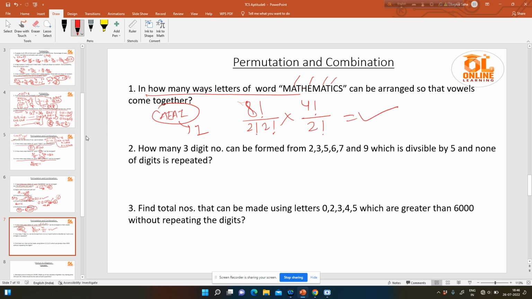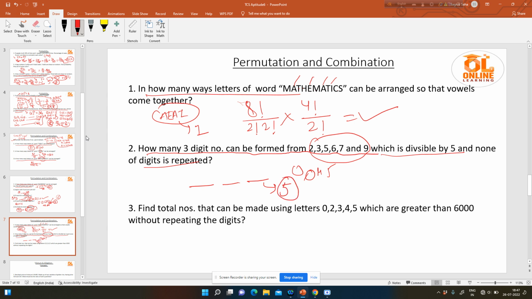Okay. Now, how many 3-digit numbers can be formed from 2, 3, 5, 6, 7, and 9, which are divisible by 5, and none of the digits is repeated. So we will be having a 3 digit number. Okay, and we can put these numbers in these places provided they are not repeated, and it should be divisible by 5. So we can divide a number by 5 if and only if the unit digit is 0 or 5, but we don't have a 0 here, so last place must be 5.